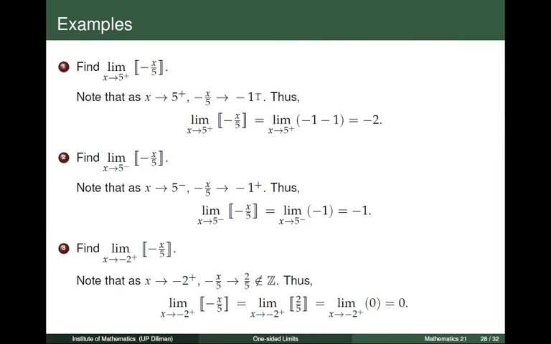Okay? Now, how to see this? Alright. So, when we plug in 5 here, note that we will have 5 divided by 5, which is equal to 1. Right? But the numerator is a positive number, rather, a number greater than 5. Right?